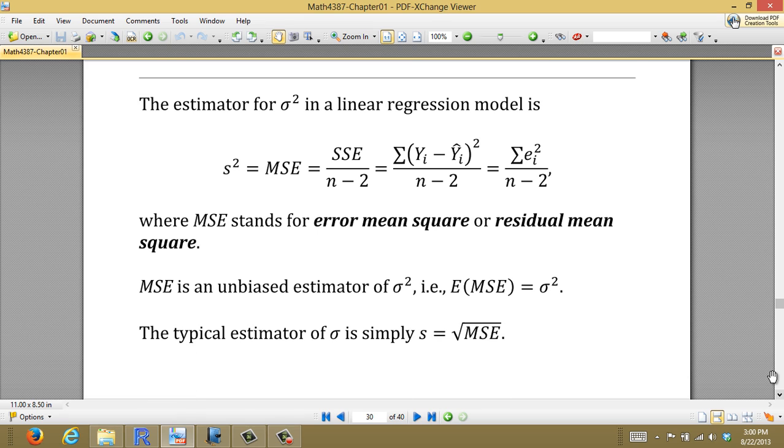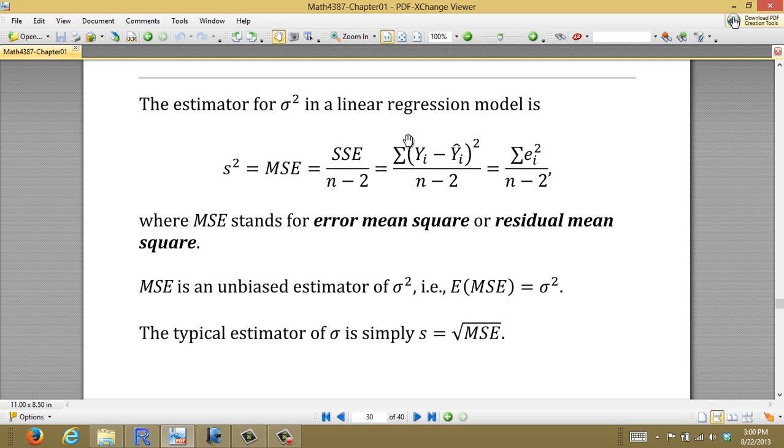And consequently, the estimator for sigma squared in a linear regression model is going to be denoted as S squared. It's often denoted by MSE, the mean squared error, which is the error sum of squares divided by n minus 2, the degrees of freedom for the error sum of squares.